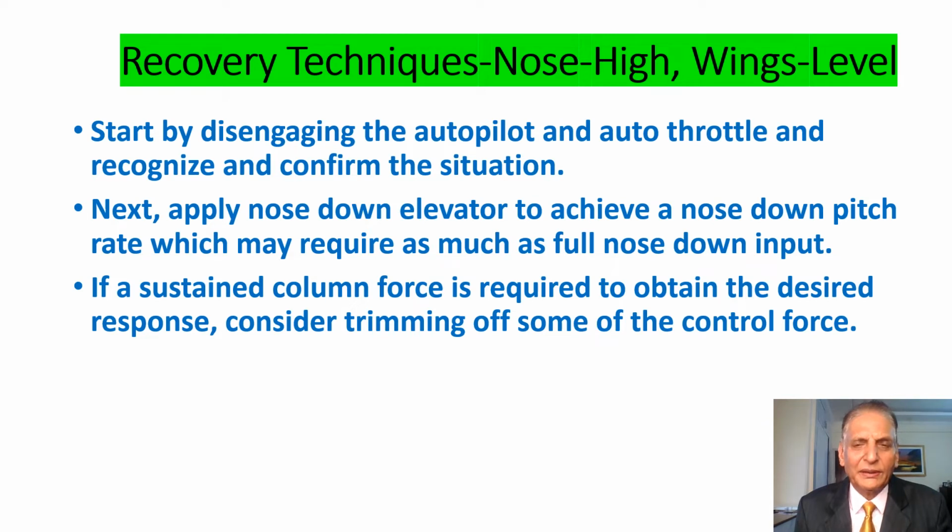In this situation, the pilots must start by disengaging the autopilot and auto throttle and recognize and confirm the situation. Next, pilots need to apply nose down elevator to achieve a nose down pitch rate, which may require as much as full nose down input.